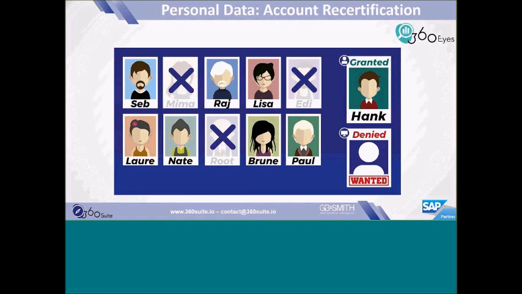So with 360 Eyes, again, fully document what people have access to. With 360 View, fully document the security model, and then with all this information, you can make the right action and update very easily your BizObjects platform.